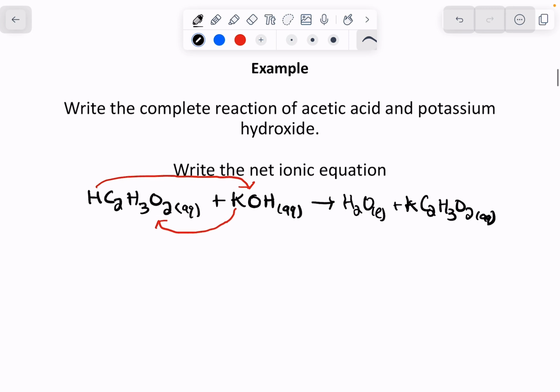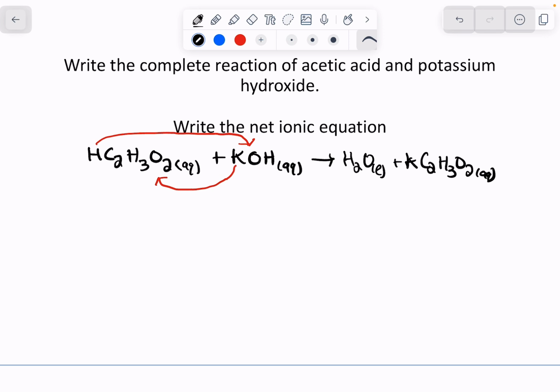Now, let's write the net ionic. What you do is take everything that will 100% dissociate, which is going to be strong acids, strong bases, and ionic salts. And so we break that down. Acetic acid is a weak acid, so we just leave it as is, okay? But KOH is a strong base, so we write K plus and OH minus, aqueous.